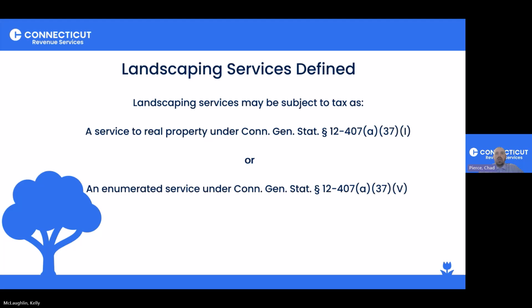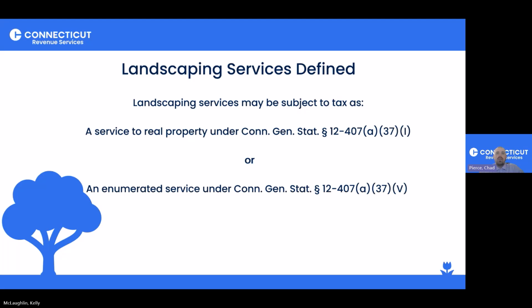Services to industrial, commercial, or income-producing real property, including but not limited to such services as management, electrical, plumbing, painting, and carpentry, provided income-producing property shall not include property used exclusively for residential purposes in which the owner resides, which contains no more than 3 dwelling units, or a housing facility for low and moderate income families and persons owned or operated by a nonprofit housing organization as defined in subdivision 29 of section 12-412, or an enumerated service under Connecticut General Statute 12-407A37V, which is landscaping and horticultural services.